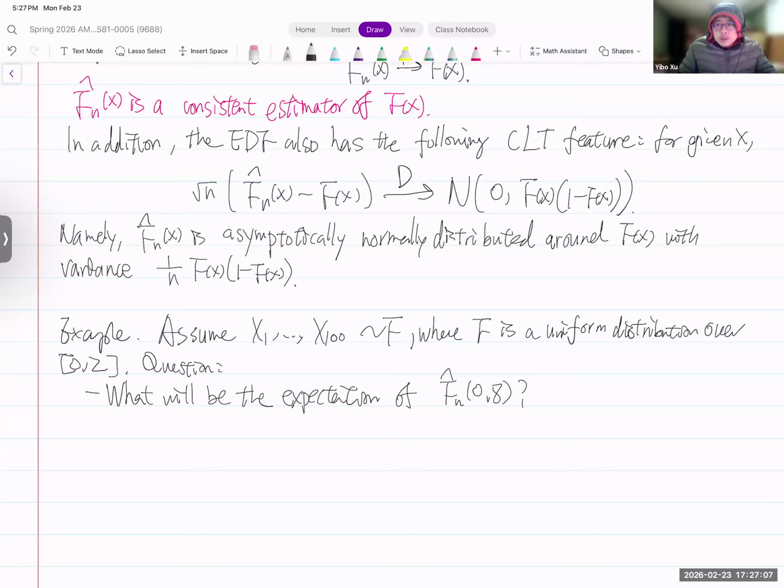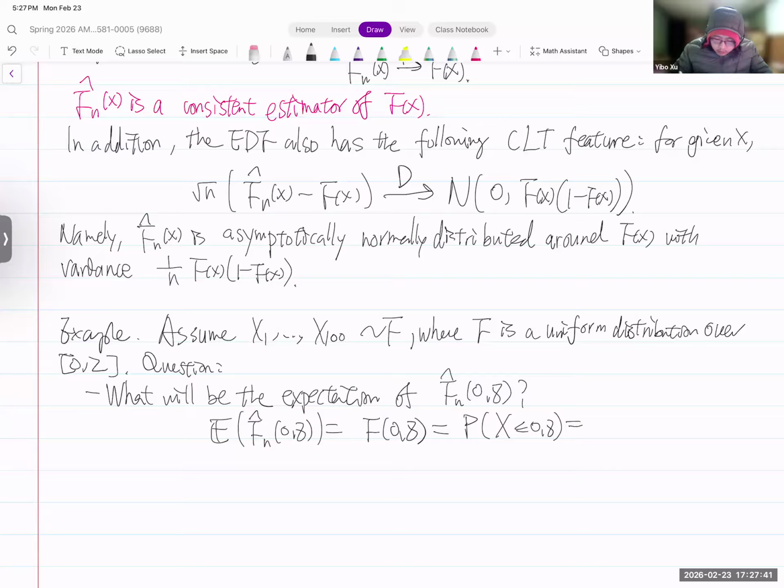The expectation will be the true CDF. Expectation equals F of 0.8. Now remember what is capital F. Capital F is the probability of the random variable being at most the input of your function. So x less than or equal to 0.8.